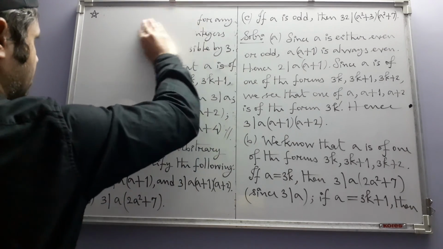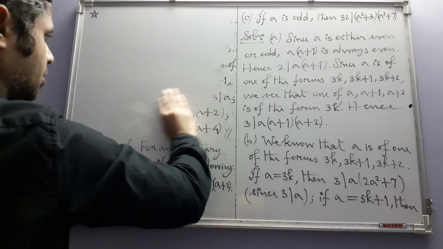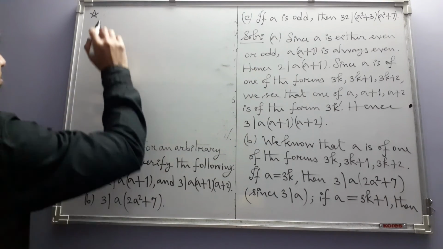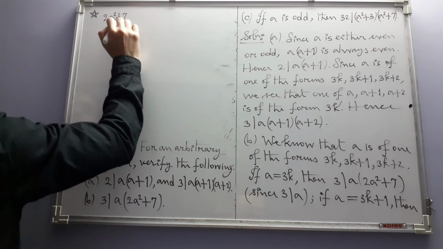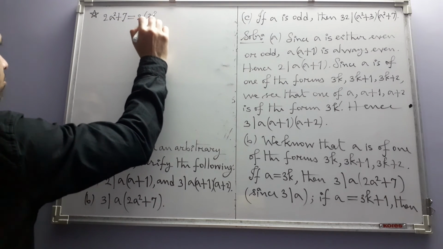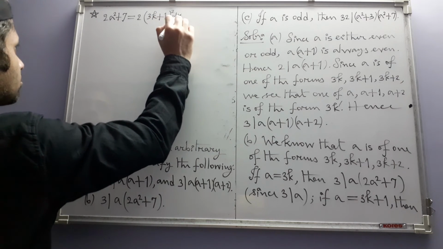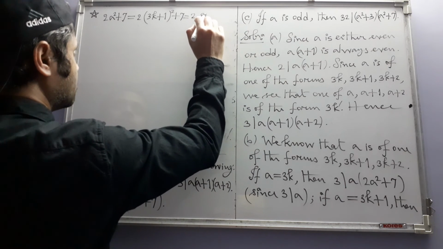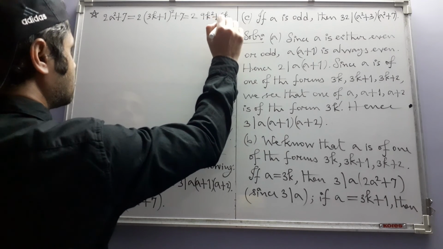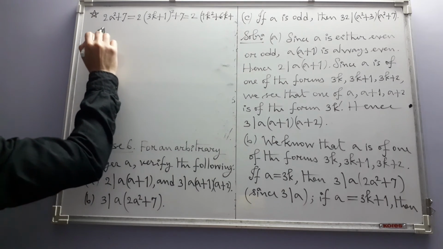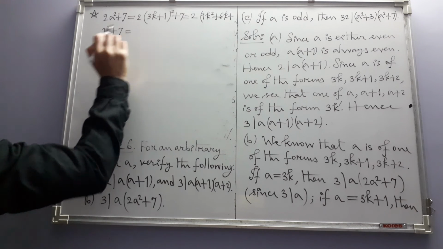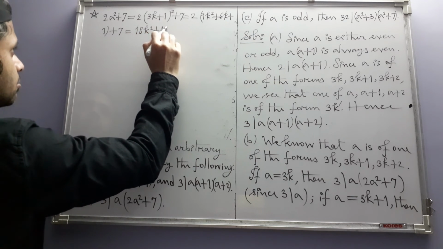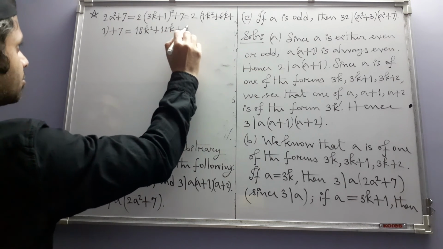Then we have to look at the other factor, the one other than A. And here we just expand this using the A plus B whole square formula. 6k plus 1 plus 7, plus 12k plus 2 plus 7 is 9.